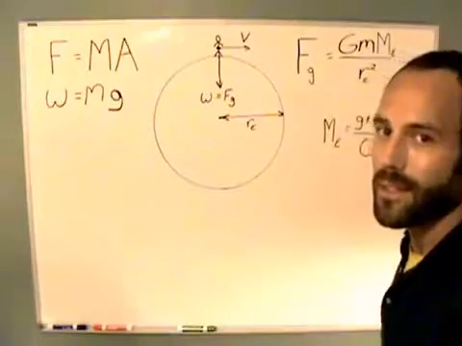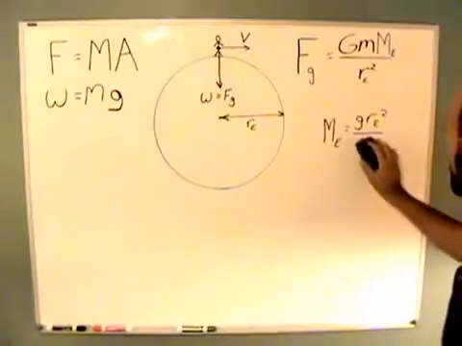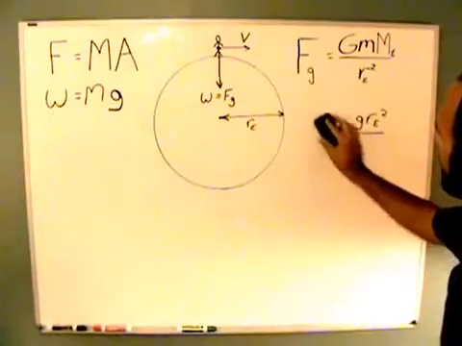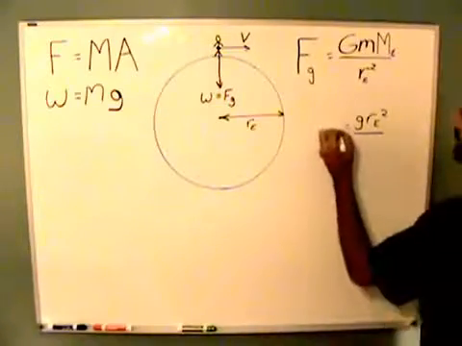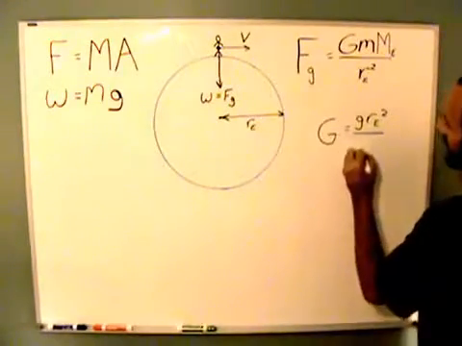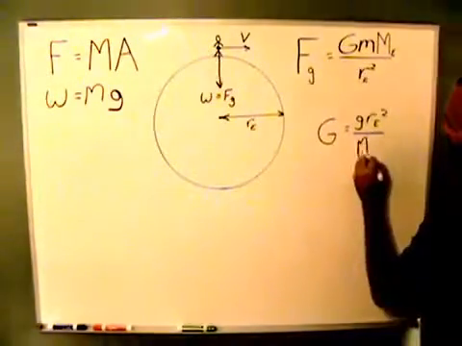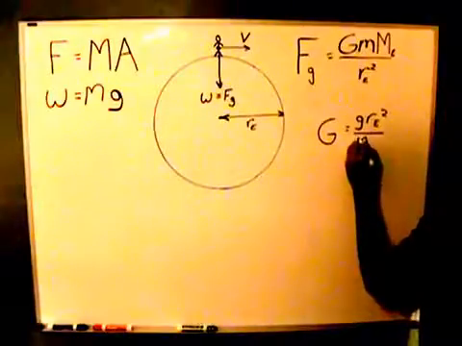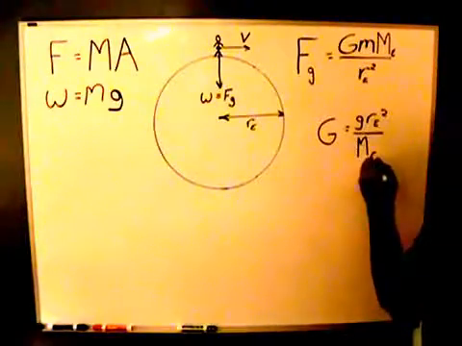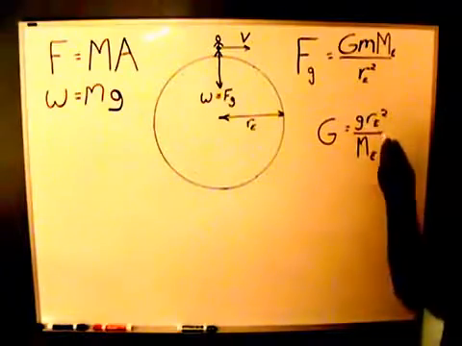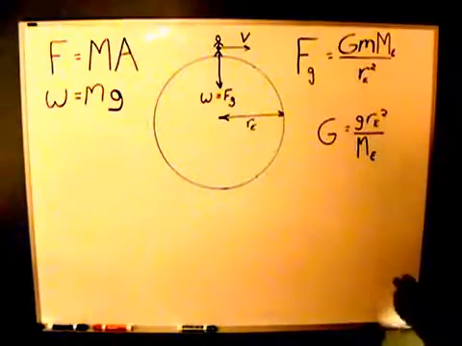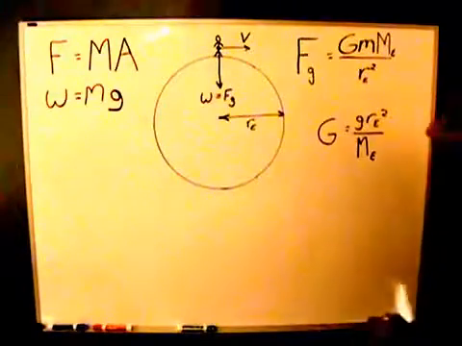What if they did this? Or Cavendish did this? What if he said G is equal to the acceleration due to gravity, as he would have called it, times the radius of Earth squared, divided by the mass of Earth.